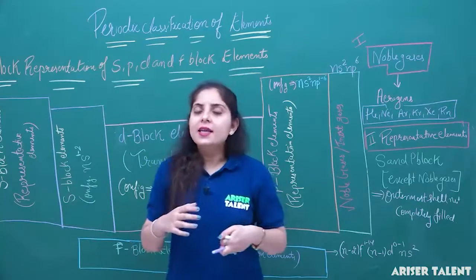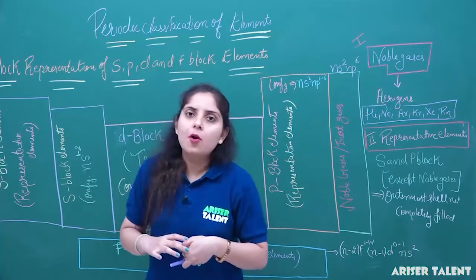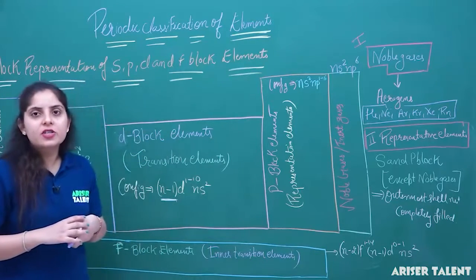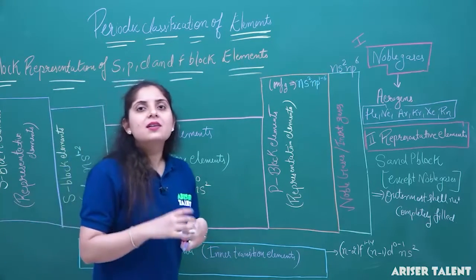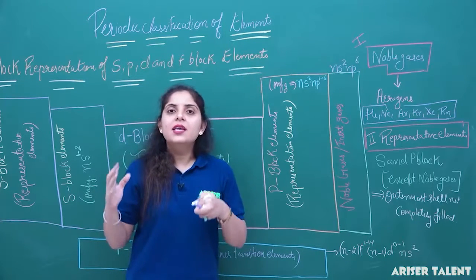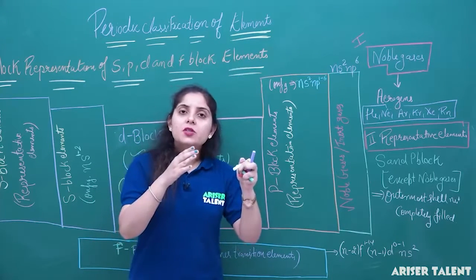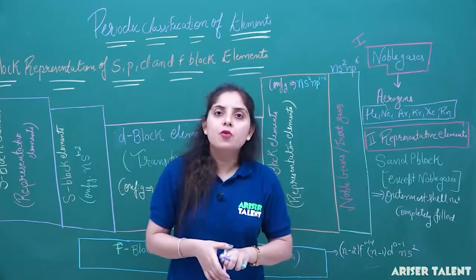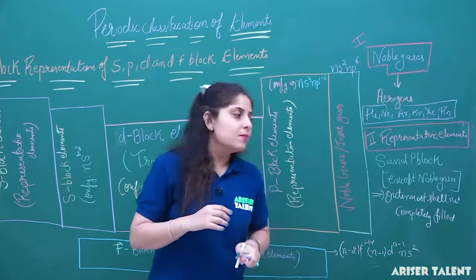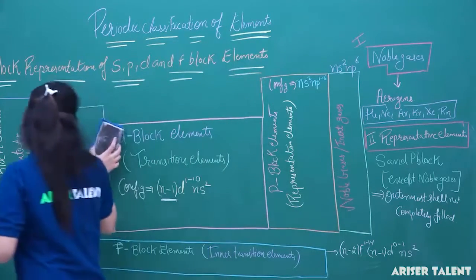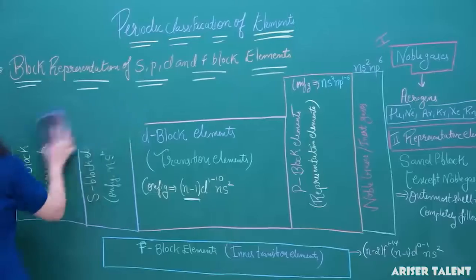So, in this category, these elements are known as D block elements because they do not have completely filled stable configurations. But apart from this, there are certain elements like zinc, cadmium and mercury. These elements are D block elements, but they are not called transition elements because they do not have half filled orbitals. So, let us move to the third category, that is D block element.